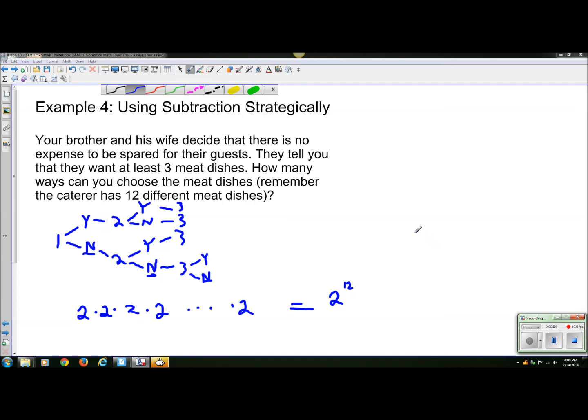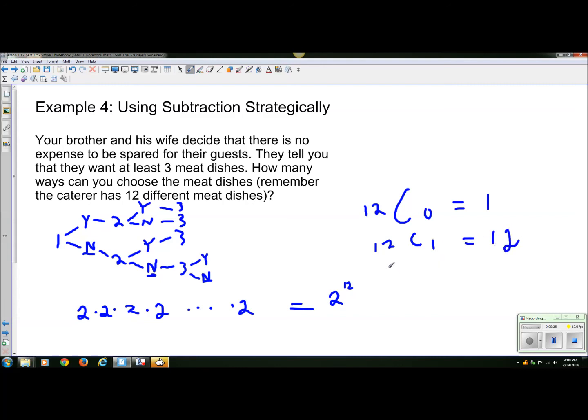Well, the number of ways that you can choose no meat dishes, there's only one way to do that, right? In fact, it's 12 choose 0, which is 1. How many different ways are there to choose one of the 12 meat dishes? Well, that's 12 choose 1. That's 12. How many different ways are there to choose 2 meat dishes? That's 12 choose 2.